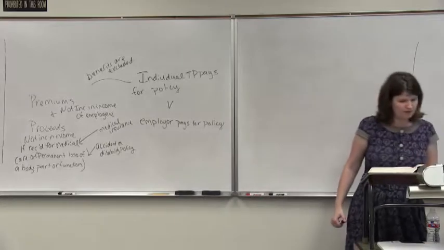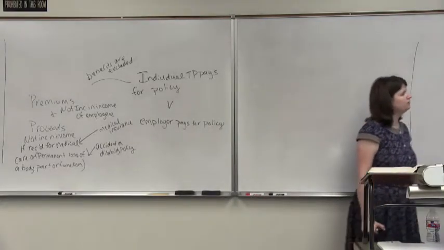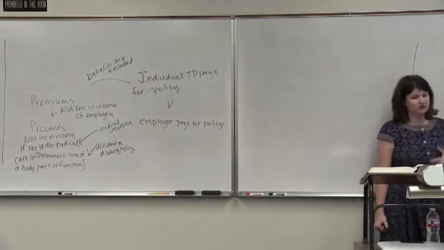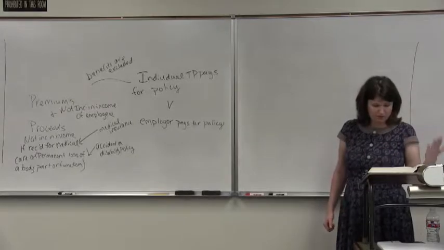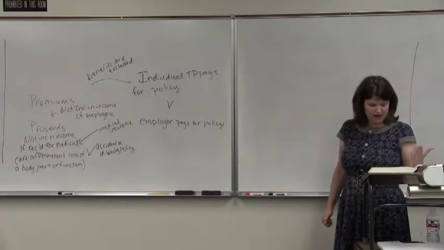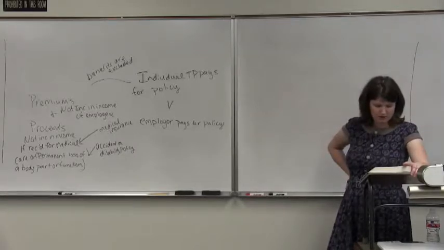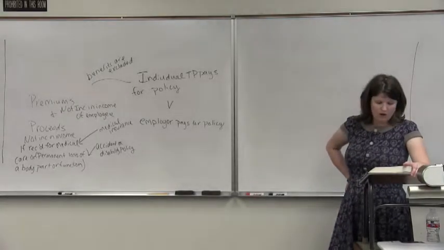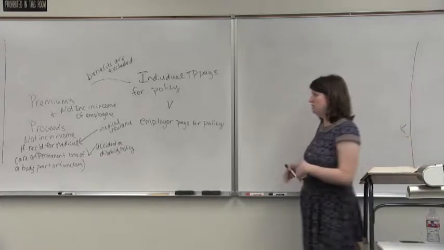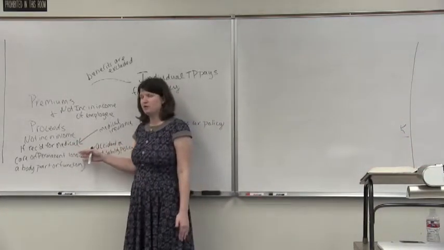what is considered medical care is defined in the code, okay? It has to be for something related to medical purposes. There's an example here in the book where the taxpayer's employer-sponsored healthcare plan pays $4,000 for hair transplants that do not meet the code's definition of medical care. This is example 15. Well, since the hair transplants are not medical, these proceeds will be included in the taxpayer's income.